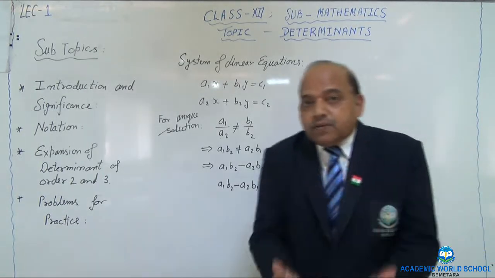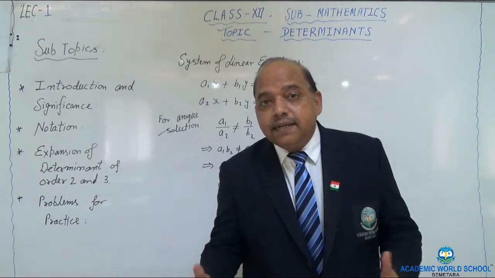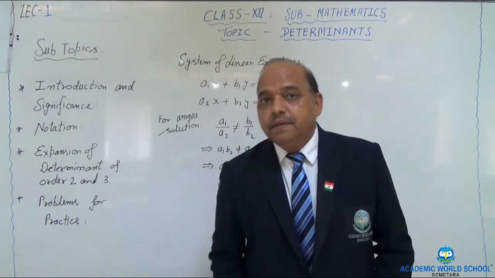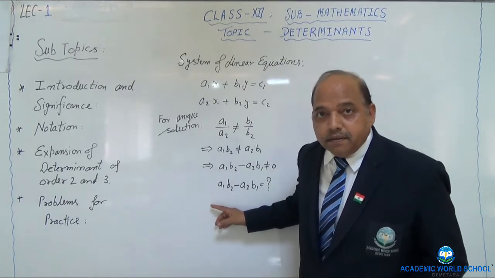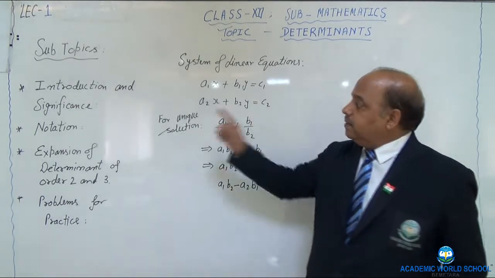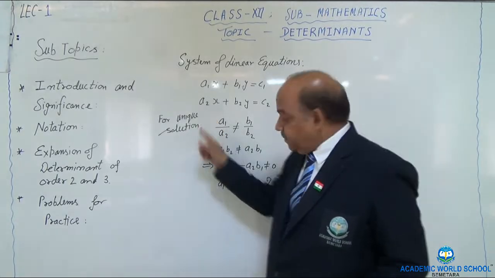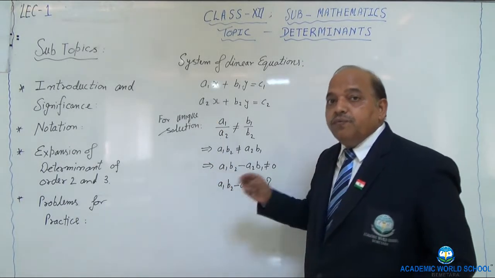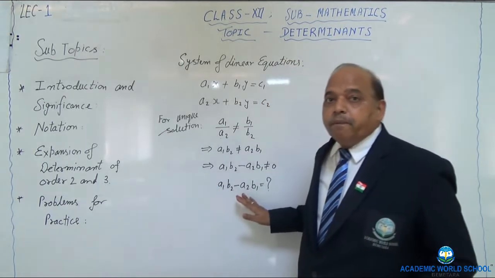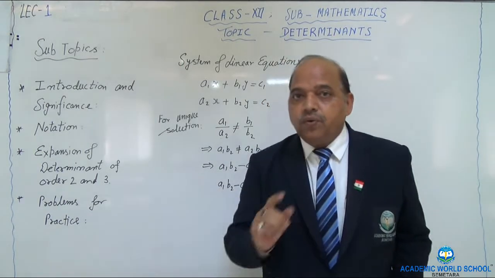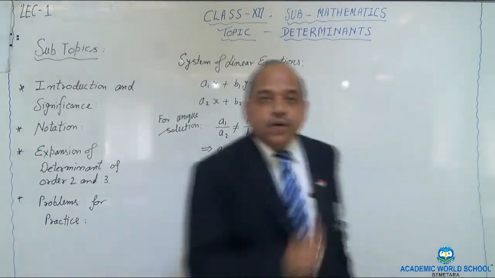If it is not equal to 0, it will be a number. Please remember, it will be a non-zero number. Remember that for a unique solution, this value, which is a non-zero number, is going to play a very crucial role over here. How? Look at this.